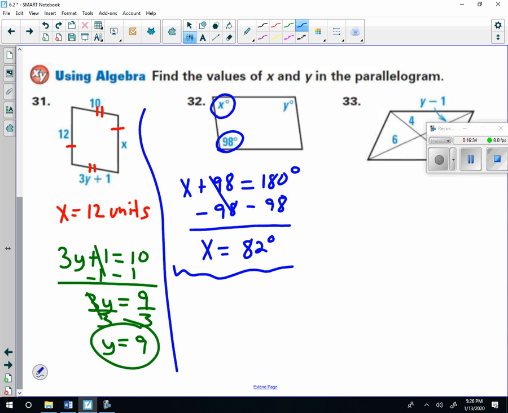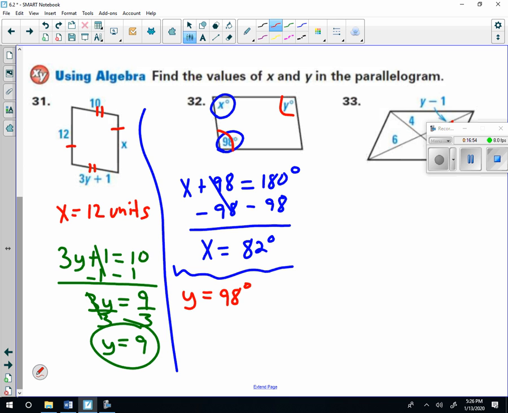Well, what does the measure of angle y have to be? Well, y has to be congruent to this angle. Why? Because if that's a parallelogram, opposite angles are congruent. So y is clearly 98 degrees because it's opposite that angle stating 98 degrees.